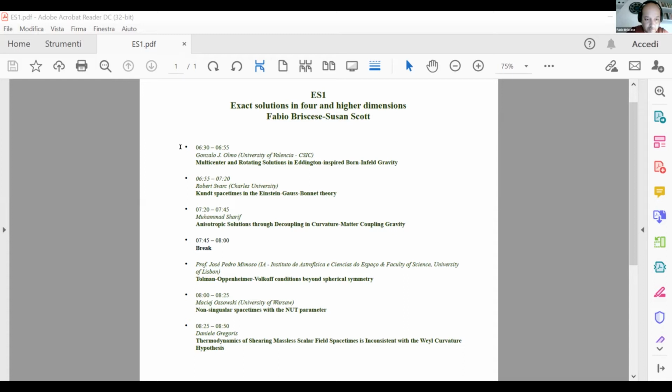I hope you can finish your talking time so the other speakers can finish their talks as well. The first speaker is Gonzalo Olmo from University of Valencia, and he will talk about multi-center and rotating solutions in Eddington-inspired Born-Infeld gravity.